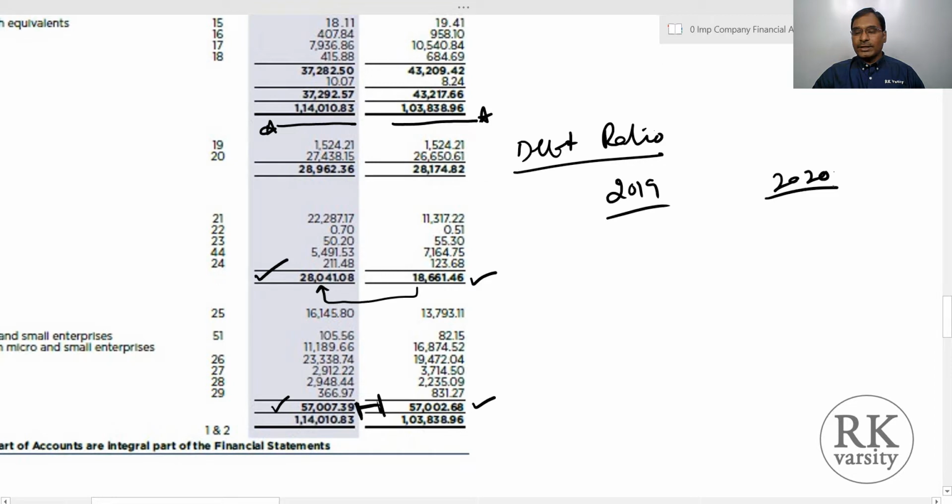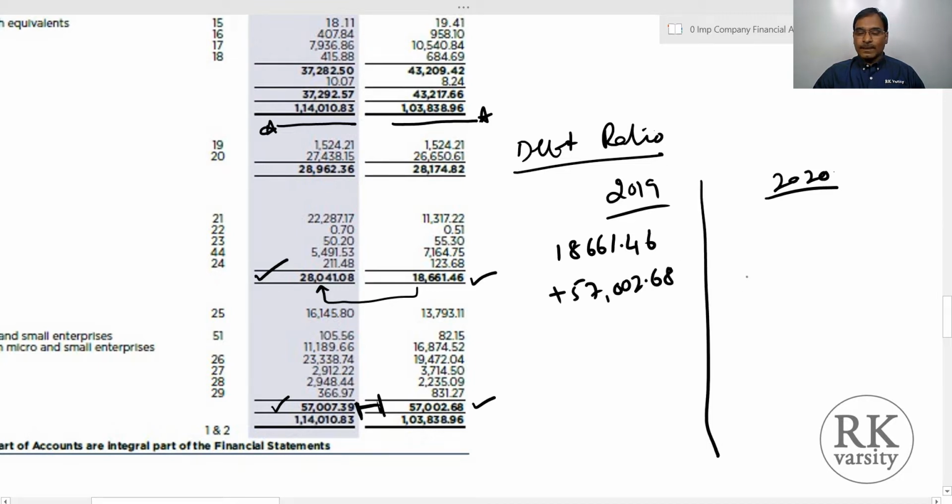For 2019, the total liabilities or total debt is 18,661.46 plus current liabilities 57,002.68. Then on the other side for 2020, this is 28,041.08 plus 57,007.39.